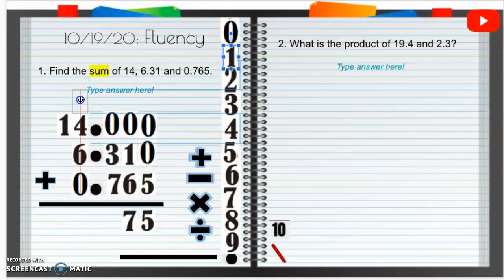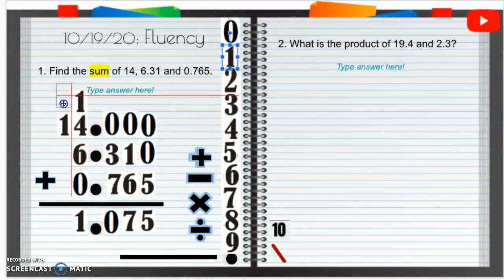I'm going to carry that 1, drop that 0 to make 10. What do I do with that decimal? Drop it like it's hot, or drop it low. All right. 6 plus 4 is 10, plus 1 is 11. So I'm going to drop that down. All right, then 1 plus 1 is 2.